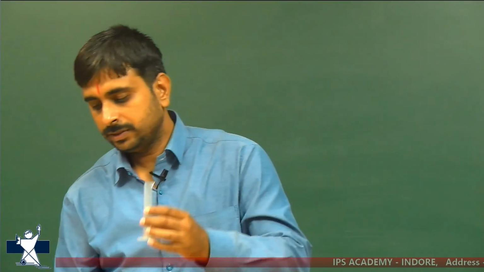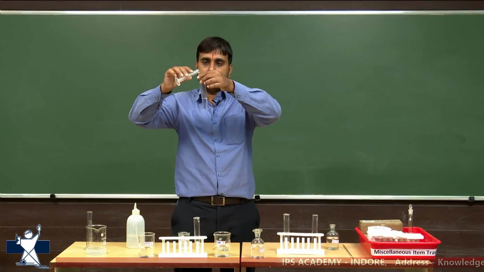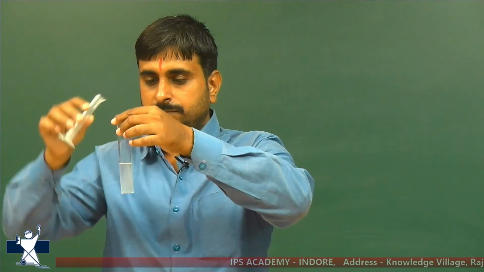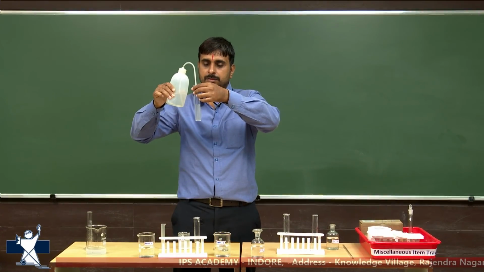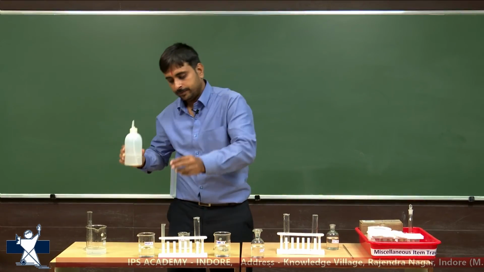This is the Nessler cylinder, and we have poured the barium sulphate reagent in it. Now, I will make it up to the 50 ml mark and we will wait for 5 minutes.